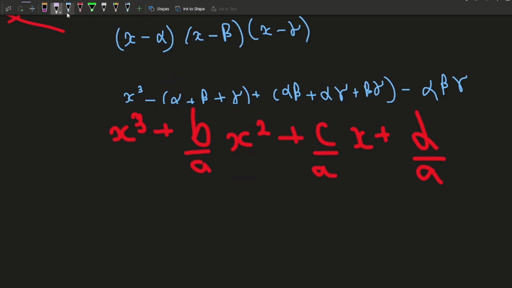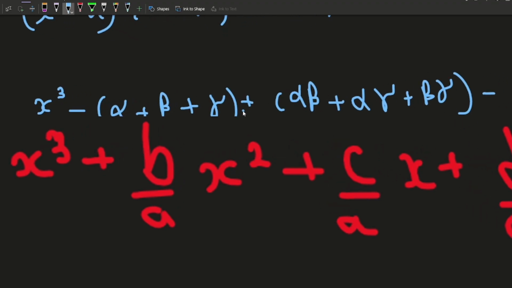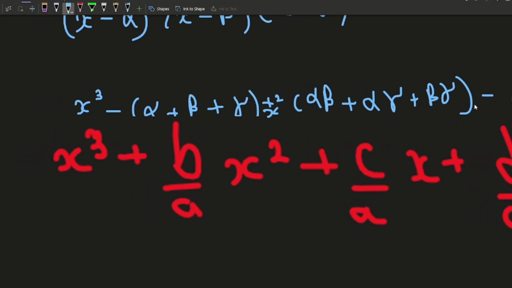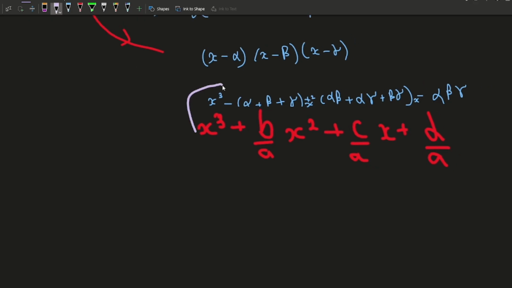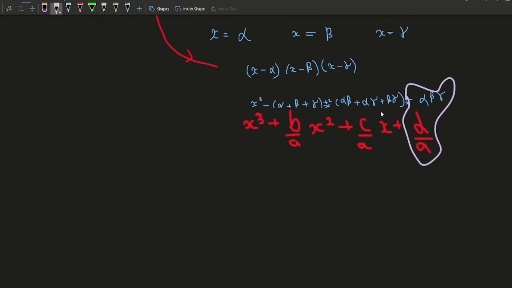Oh, my bad, I forgot to write x squared, x. So yeah, this is equal to this, right? And this is equal to this, and this is equal to this.